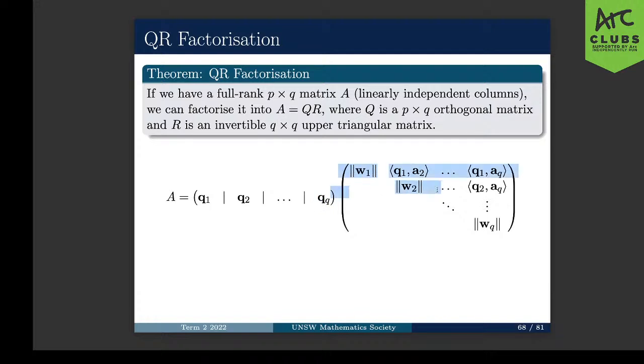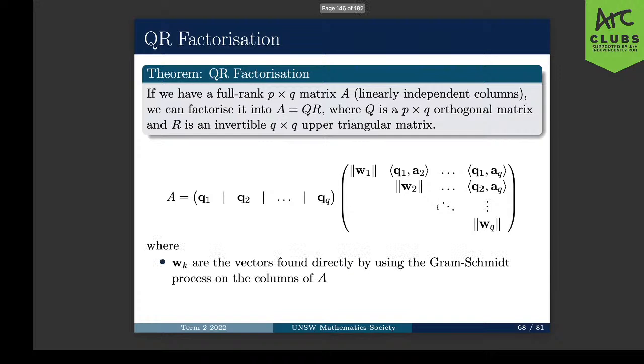And we have this big R matrix, which is formed in this complicated way. A good thing about this theorem is it gives us a way of finding all of these vectors, or all of these terms.